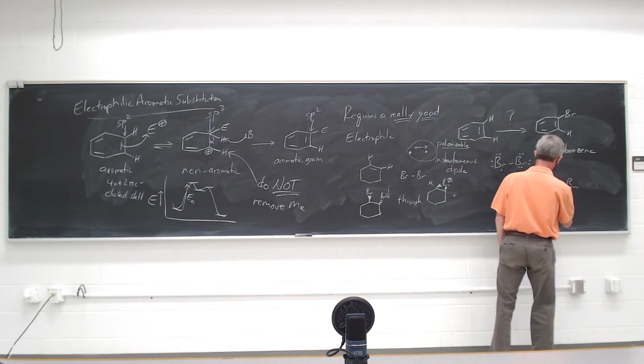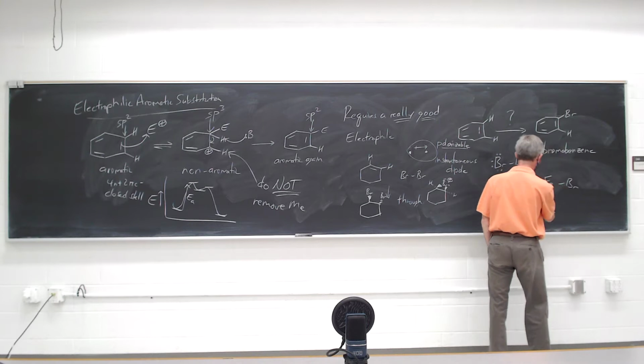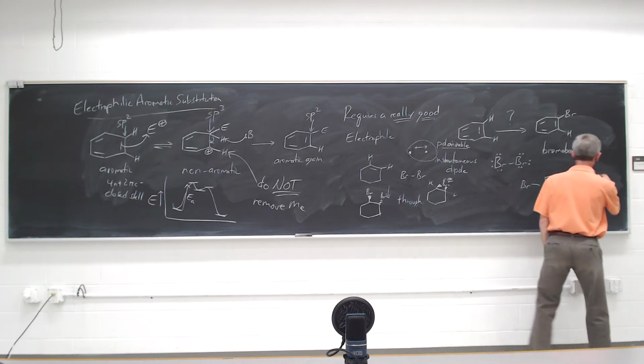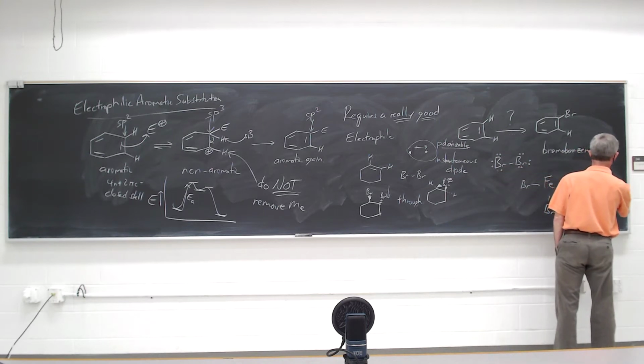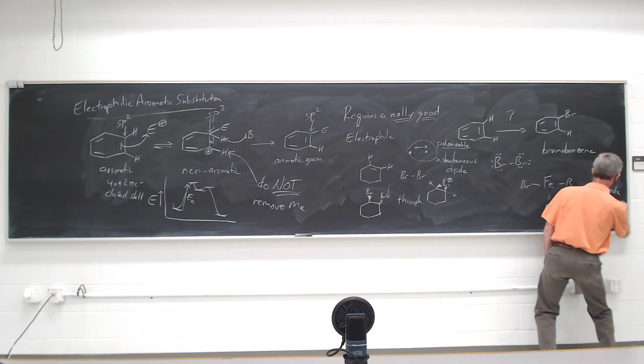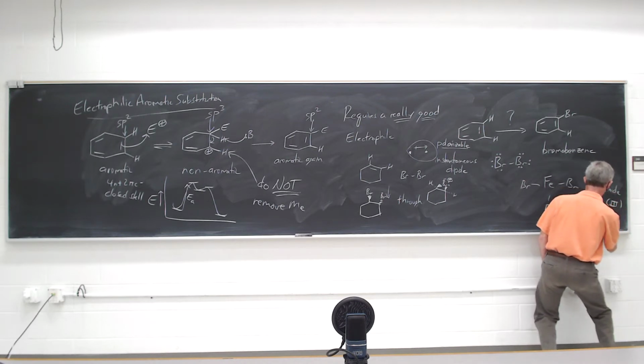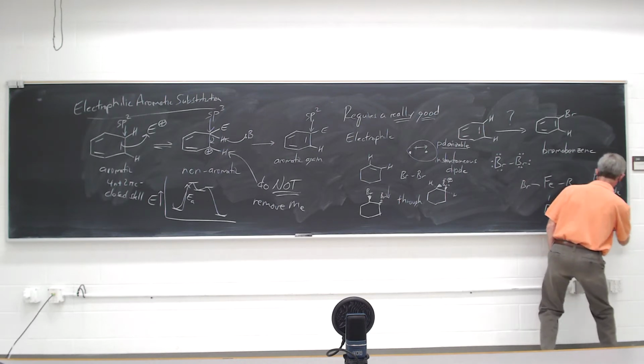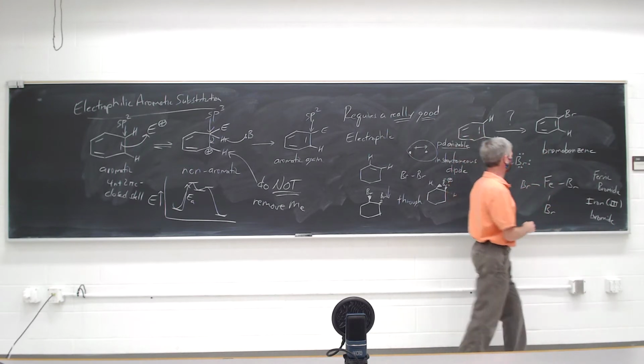A common Lewis acid catalyst that's often used for this reaction is FeBr3, or ferric bromide, also known as iron(III) bromide. And it's got to be anhydrous.